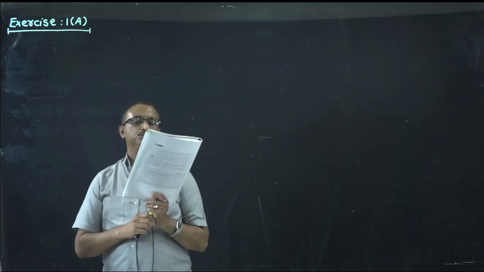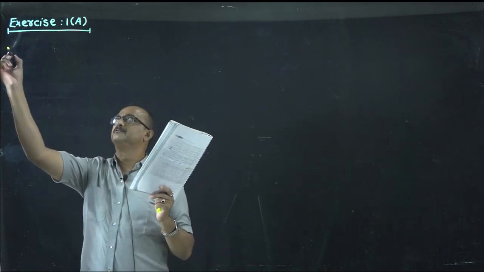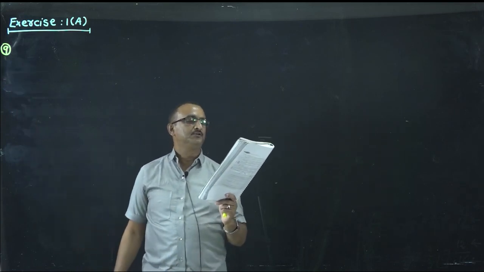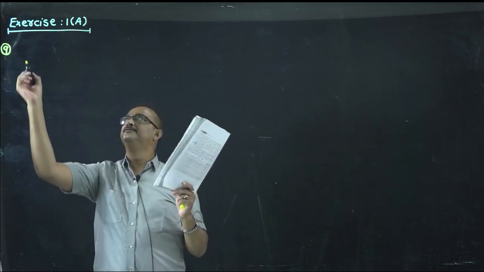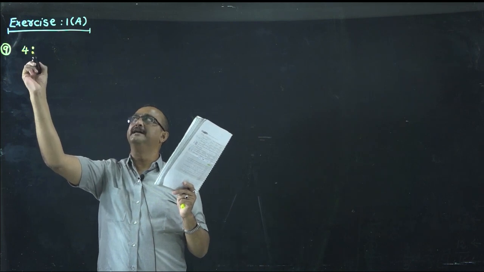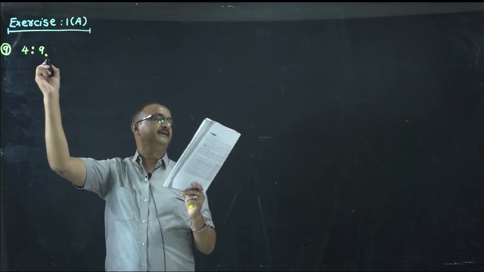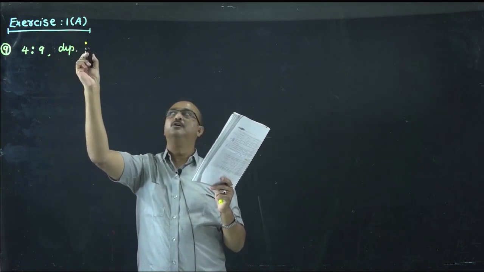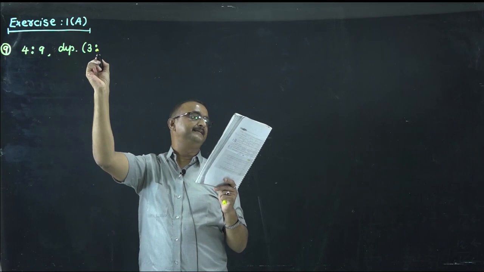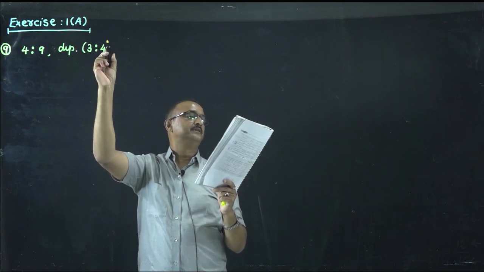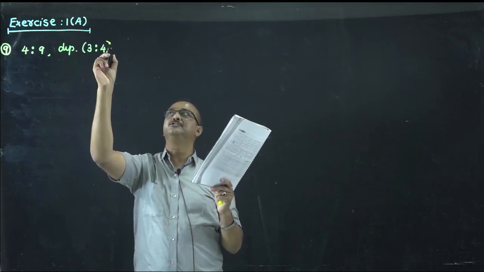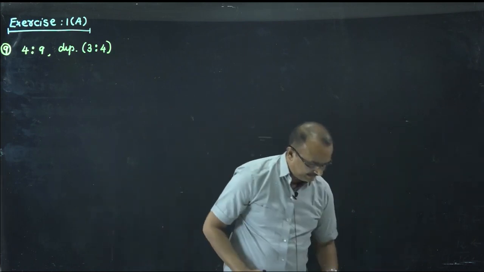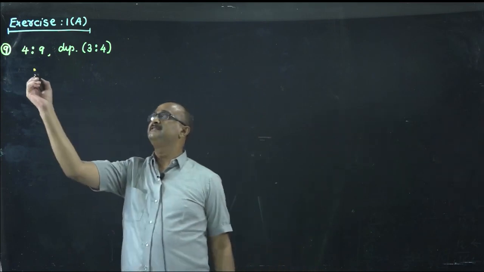Okay students, now question number 9. The ratio compounded of 4 is to 9 and the duplicate ratio of 3 is to 4. Again, compounded means what?